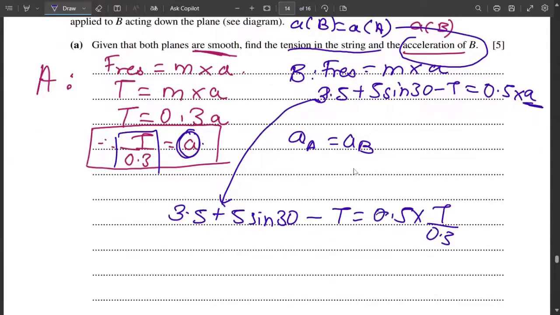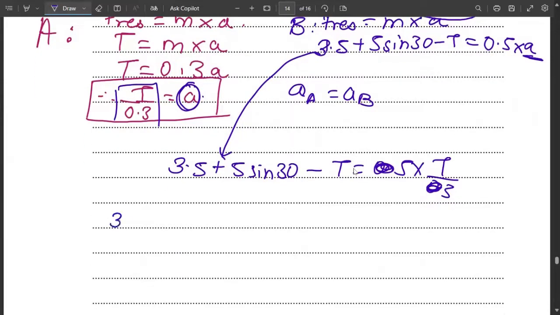So this 0.5 upon 0.3 will become 5 by 3. So 3.5 plus 5 sine 30 is equal to 5T upon 3 plus T.